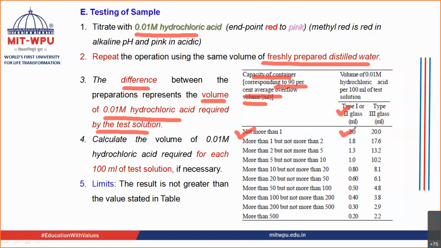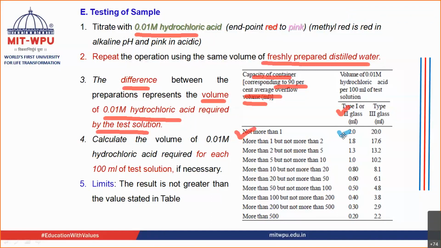If you are saying it is a type 1 or type 2 glass, the type 1 or type 2 glass passes the test if the volume of hydrochloric acid required is 2 ml. After calculating the difference, the volume that is required is 2 ml, right?